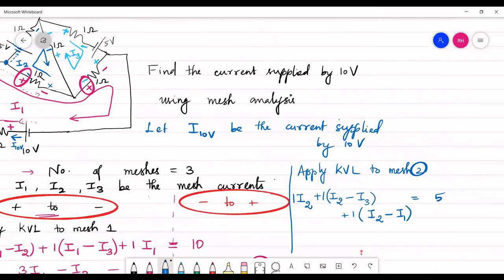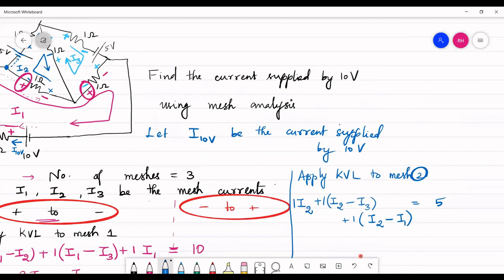And then similarly, you could apply KVL for the third mesh. Let me quickly write the equation. While you apply it for the third mesh, let me start my travel from this point.